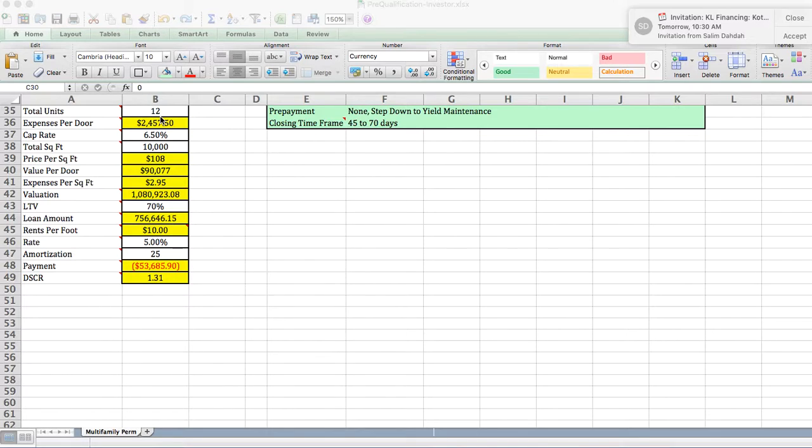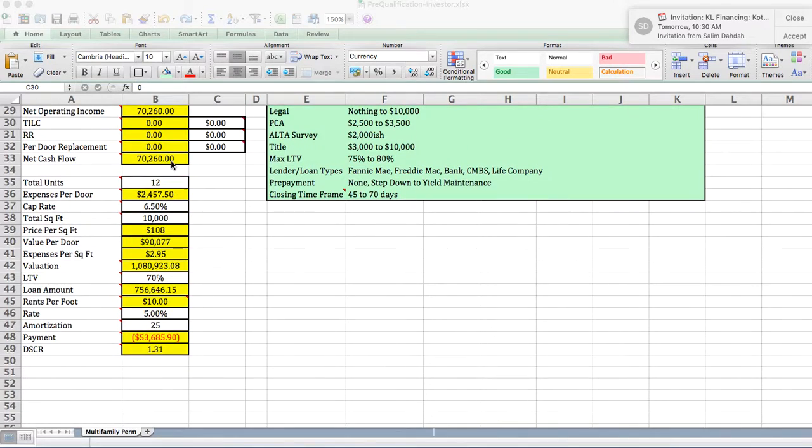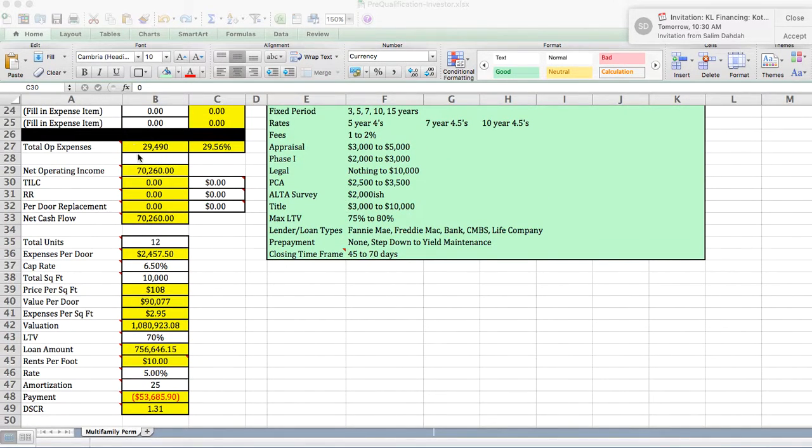This number down here calculates your expenses per door. So again, remember the expenses were $29,490. That is divided by 12 to give you the expenses per door on an annualized basis.